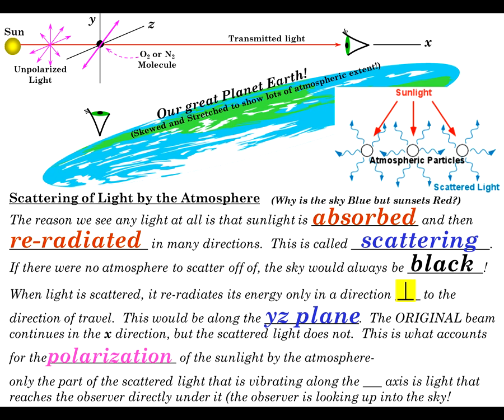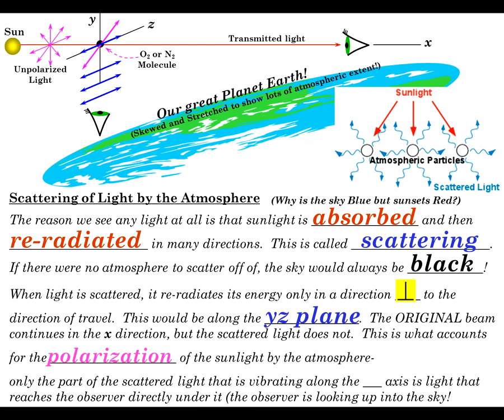So here is your eyeball, and this is the part of this scattered light that's going to be moving in the Y direction that then eventually gets to your eyeball. Okay, that's the part that's getting to your eyeball. That's moving in the Y direction.